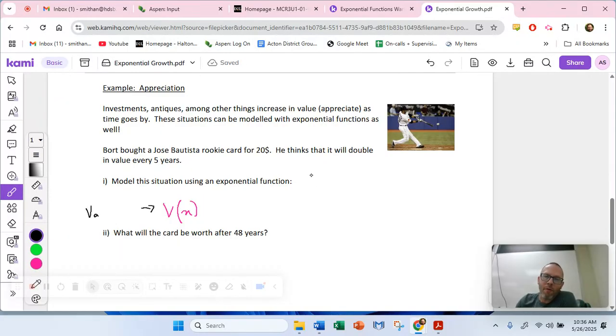You can use whatever variables you want, but they should usually make sense for the problem. So V for value, N for years. I'm going to let you create the model. And then part 2 is a plug and play. 48 years, I want to know what the card is going to be worth.